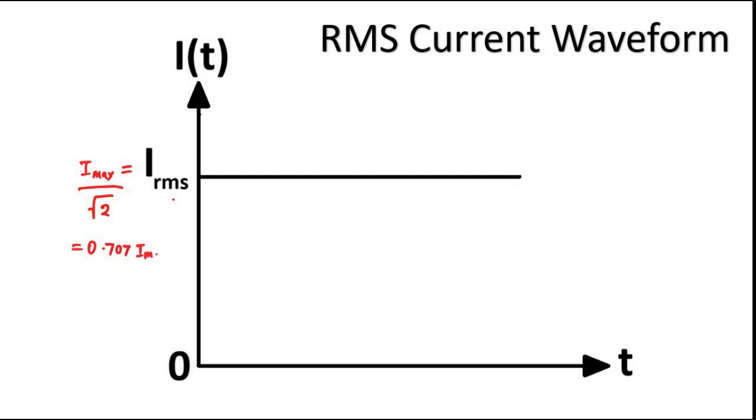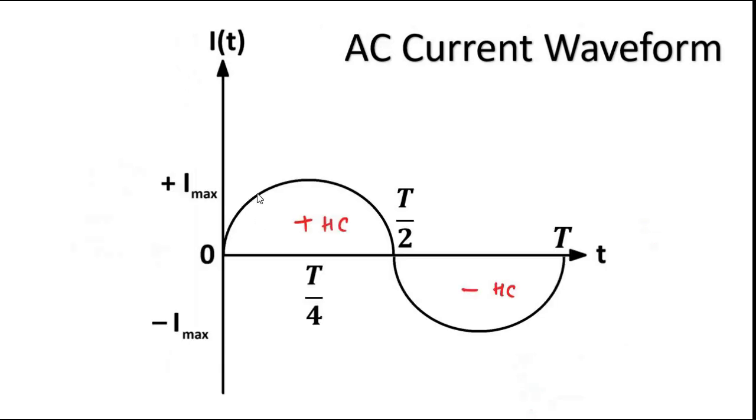If this signal is applied for a duration of t seconds, which is the time period of the alternating signal, the same amount of heat H will be produced if we apply the alternating signal for the full cycle. It will also produce the same amount of heat H.